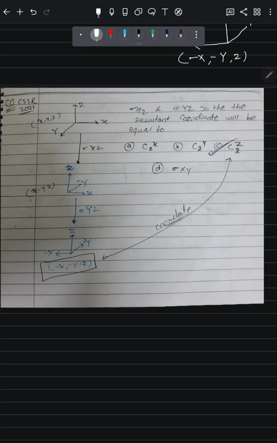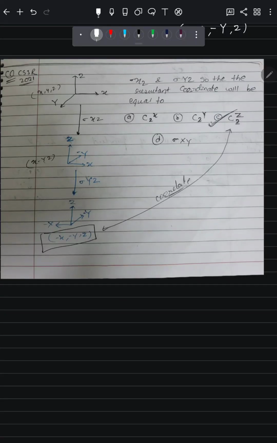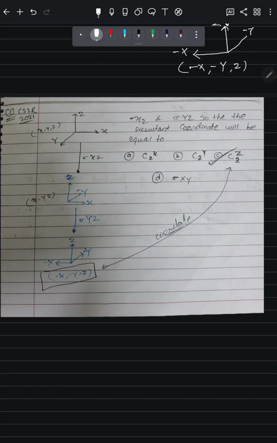So let's discuss a question asked in CSIR NET according to this concept which I told you just before. The question is: sigma xz and sigma yz, so that the resultant coordinate will be equal to what.